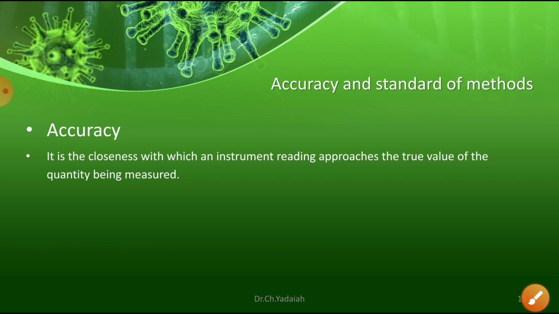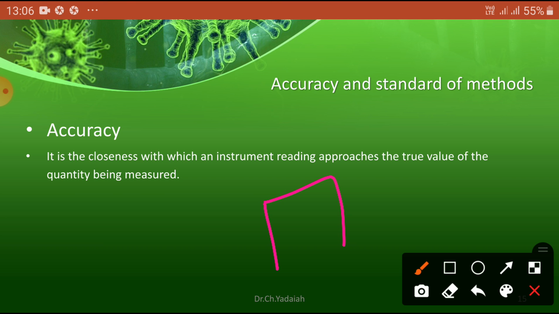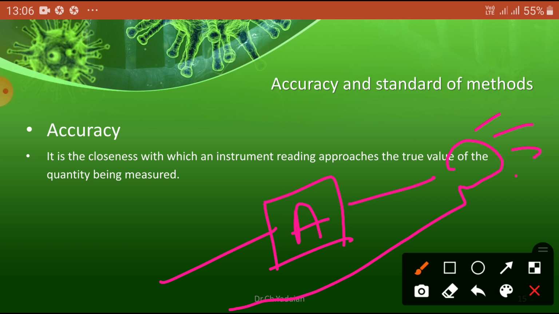Suppose, for example, I take one instrument, an ammeter, and it is connected to a load. The printed current here is 1 ampere, the maximum current drawn by this load, but the ammeter is showing only 0.99 amperes.